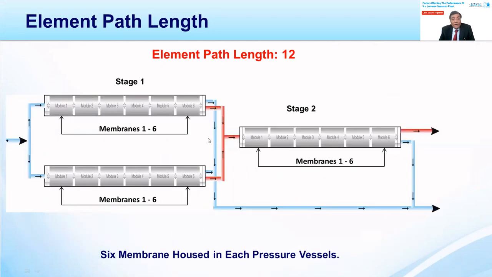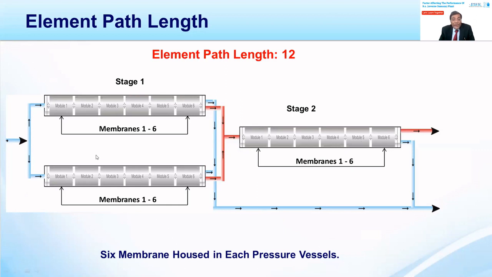Now, if we come to the 2-stage systems, on the first stage, we have 2 pressure vessels, and in each pressure vessel, we have 6 membranes, and the reject of the first 2 enters into the second stage. That means the total path length of this system is 12.